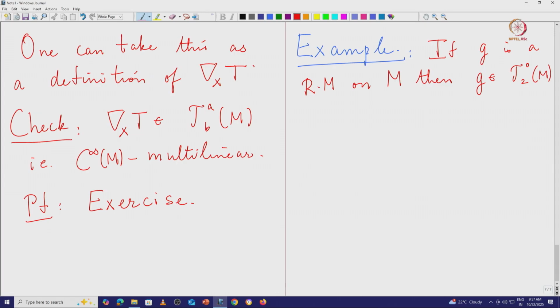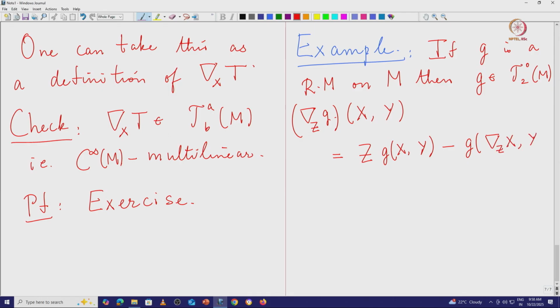Let's calculate what happens when you take the covariant derivative of G with respect to Z. This will again be a 0, 2 tensor, so it will act on x, y, which by our definition is simply Z acting on G of x, y minus G of the derivative of x with respect to Z comma y minus G of x comma the derivative of y with respect to Z. Okay. But now you notice the expression on the right is quite familiar, right?